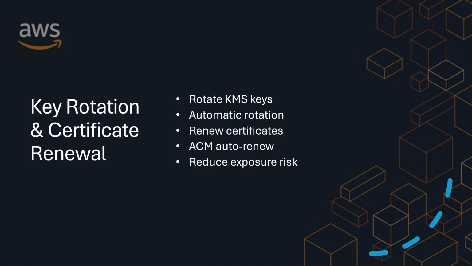Certificates also require periodic renewal, and ACM helps by automatically renewing the certificates before expiry, so your applications remain secure without interruptions. Together, key rotation and certificate renewal form the essential preventive measure in cryptographic hygiene.